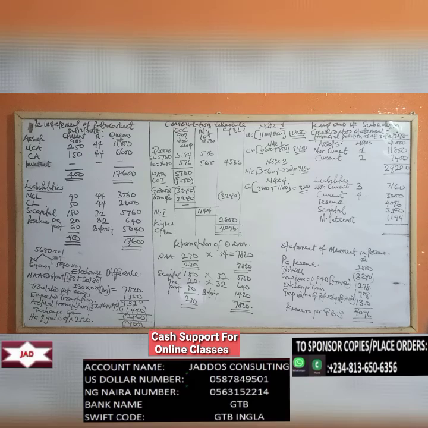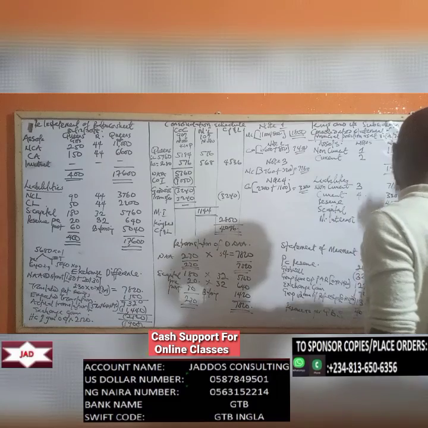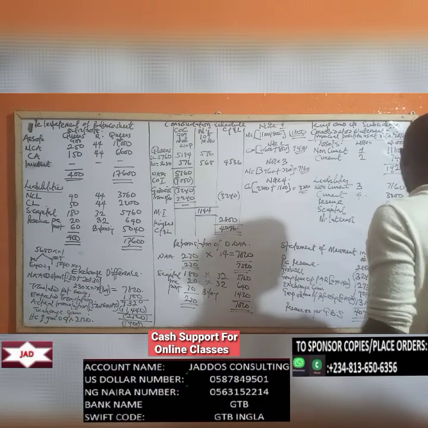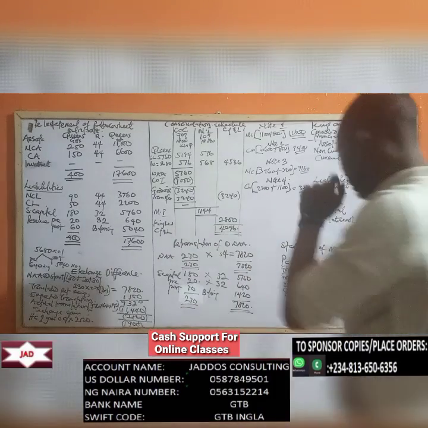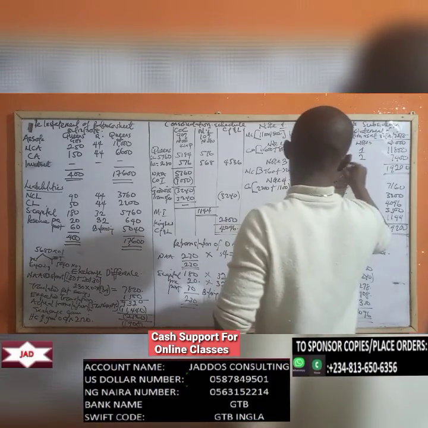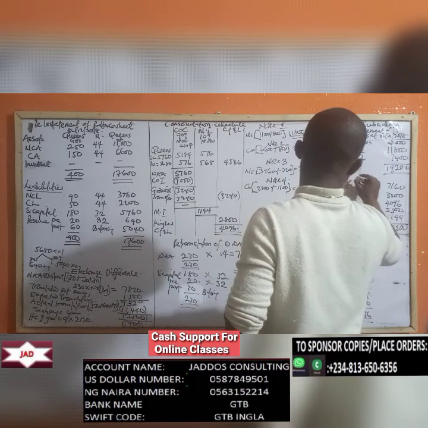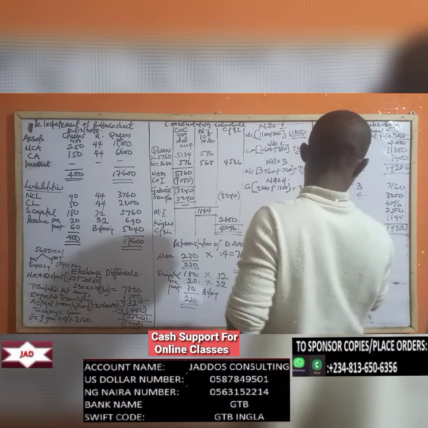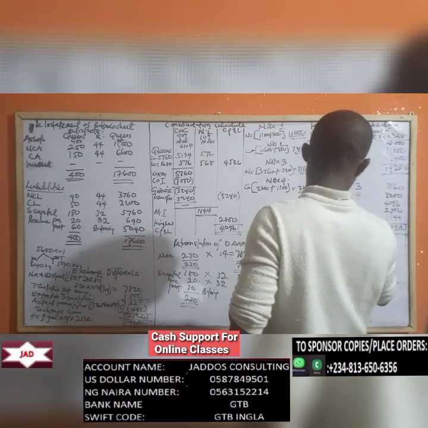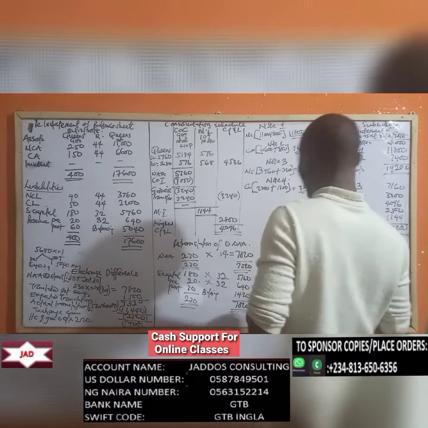We have 19,200. Sorry, this is 19,200. So we have total assets and total liabilities.